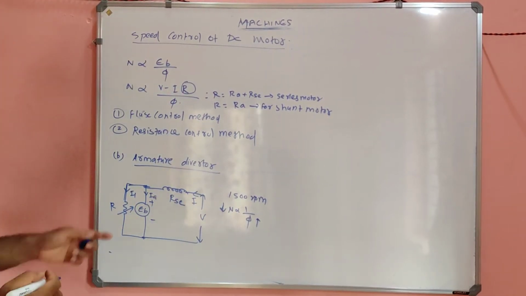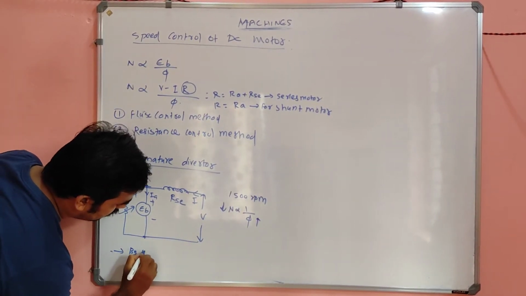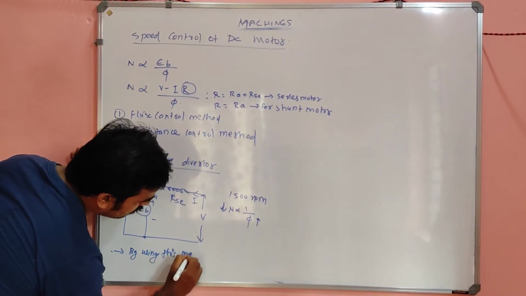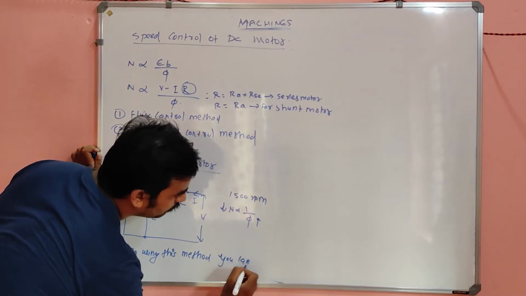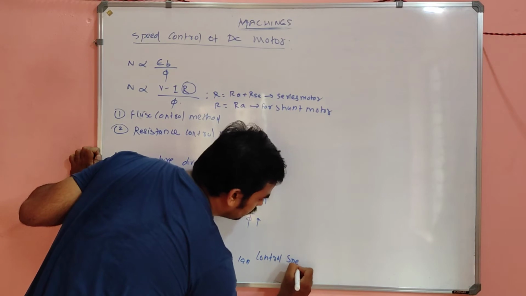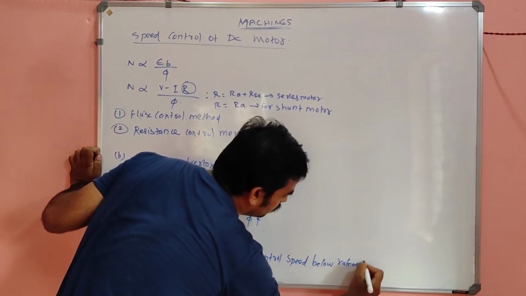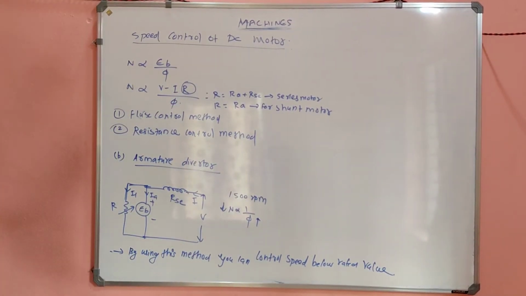So by using this method, you can control speed below the rated value.